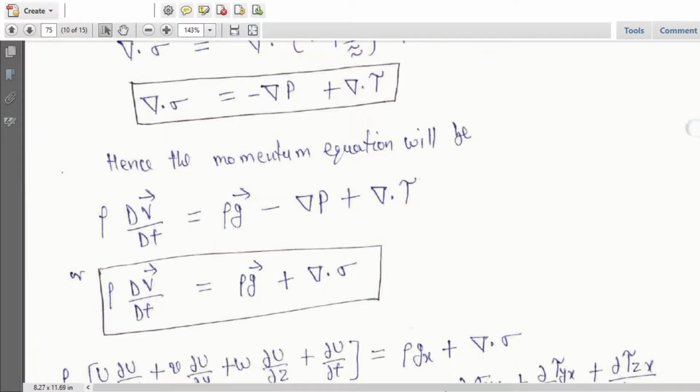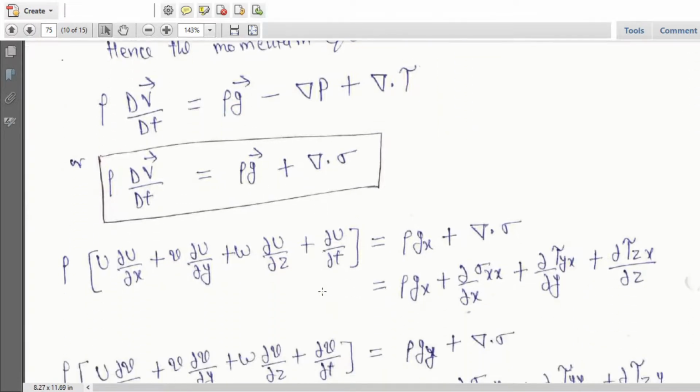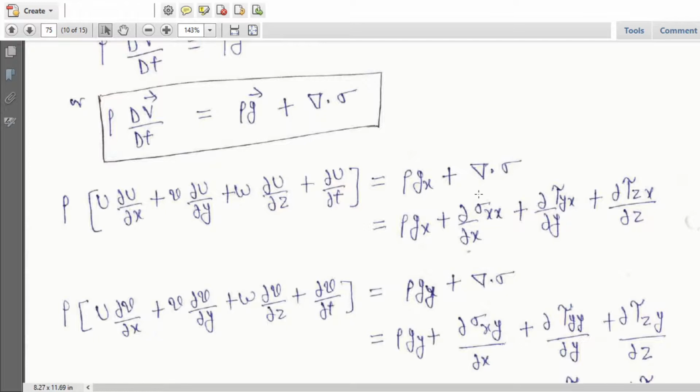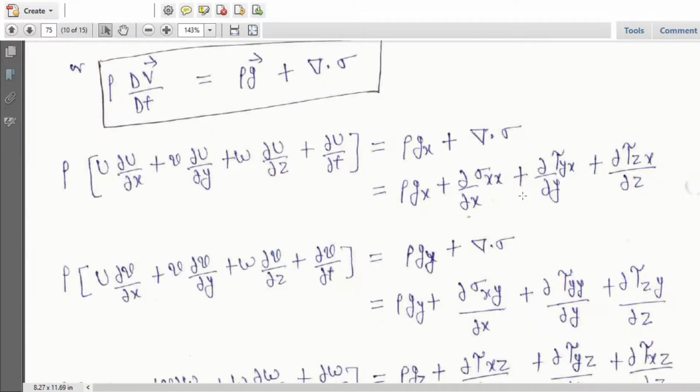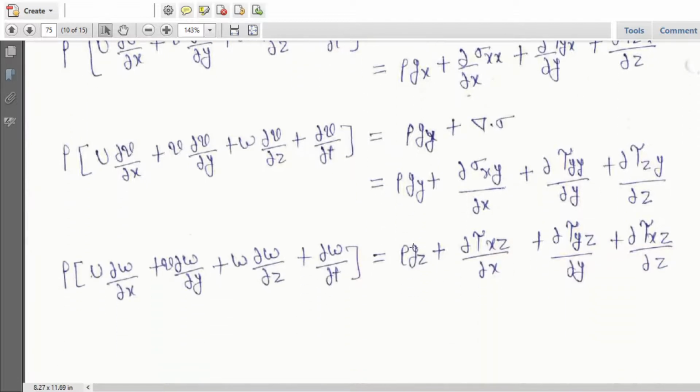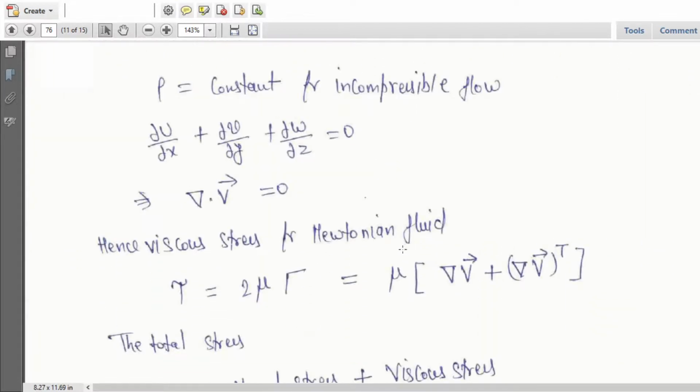So now we have the sigma, all these three here: del upon del x sigma xx, del upon del y tau yx, del upon del z tau zx. So this total is called the sigma actually. Similarly for y component, similarly for z component.